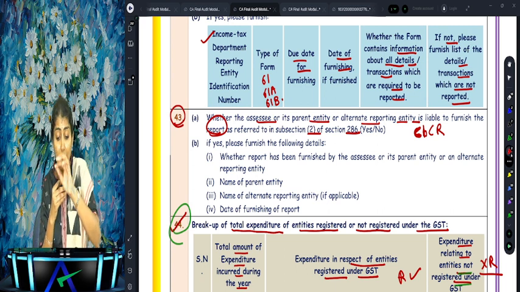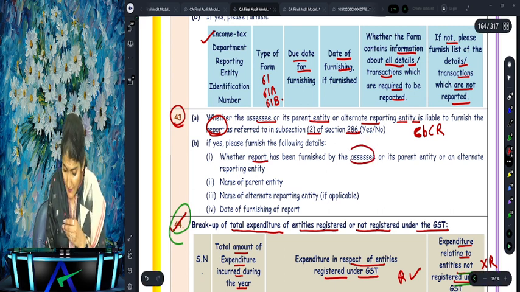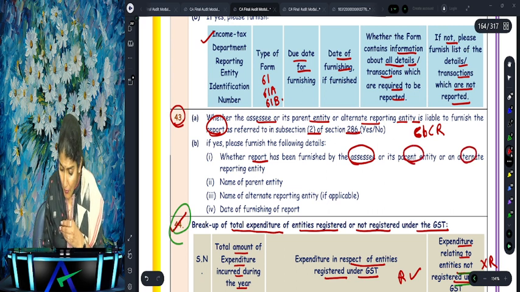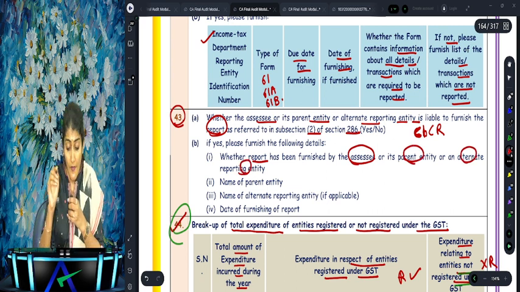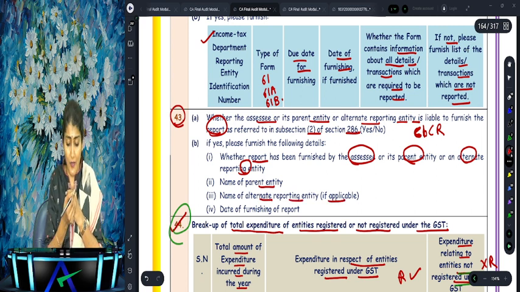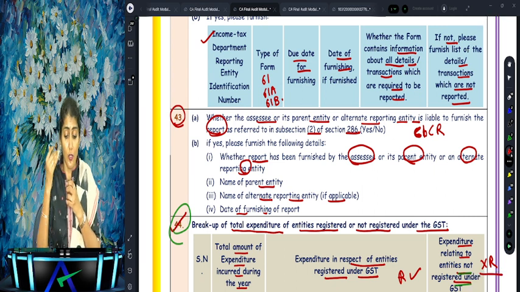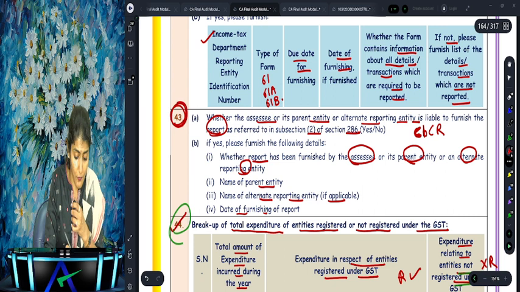If yes, then please furnish the details. Whether the report has been furnished, and by whom? The assessee or the parent entity or the alternate reporting entity. Then the name of the parent entity, the name of the alternate reporting entity if applicable, and the date of furnishing the report, right? Are you understanding that? That is clause 43.